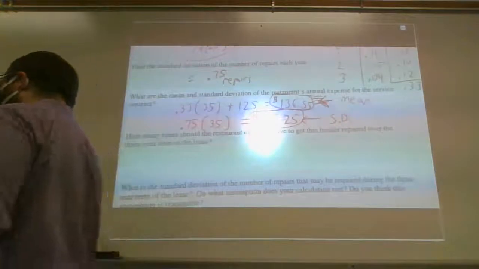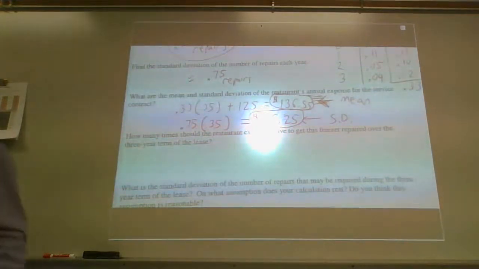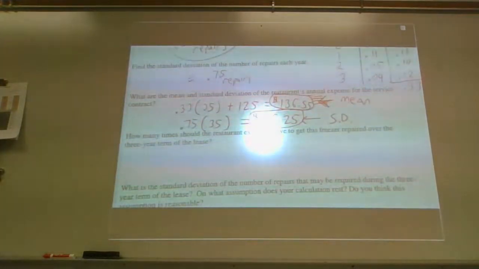In this instance, yes, I'm going to multiply the standard deviation of repairs by 35, but that's it. I am not going to add the 125 because that doesn't affect the standard deviation here. It's a weird kind of roundabout thing that we did back in the day, but we do need to recognize that fact.